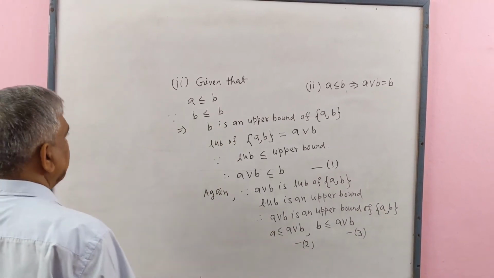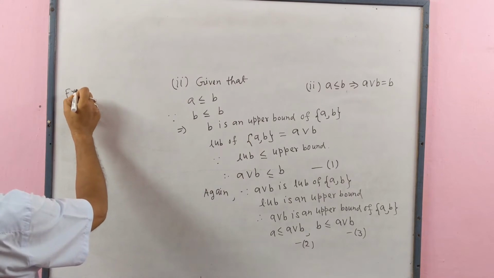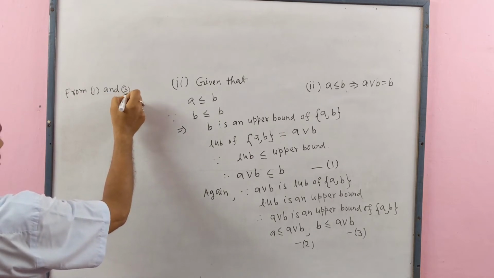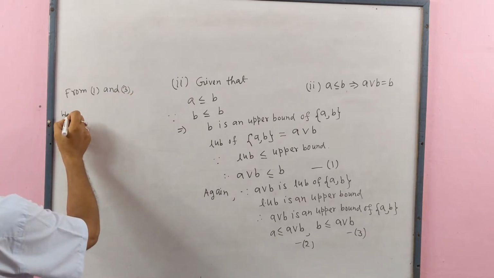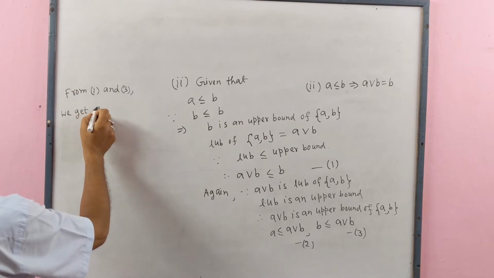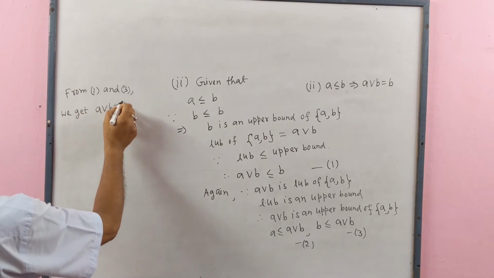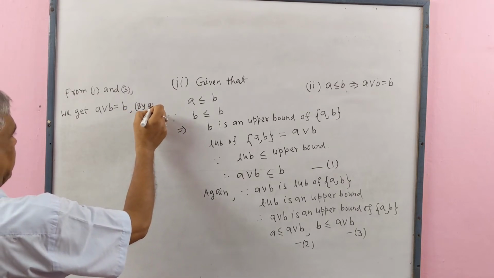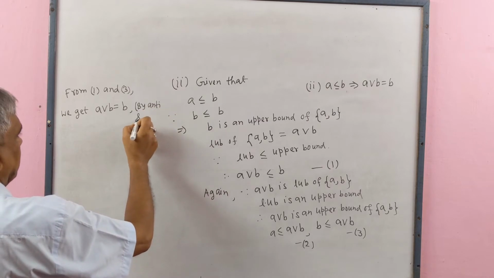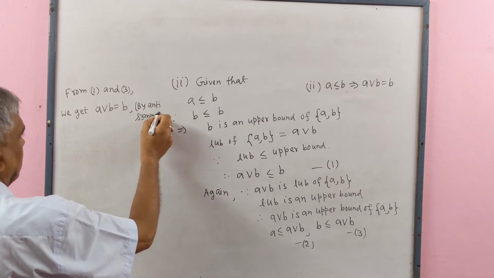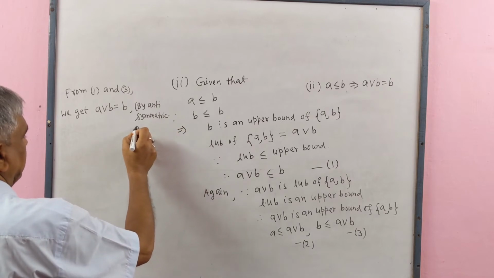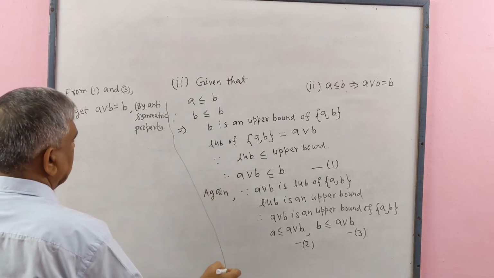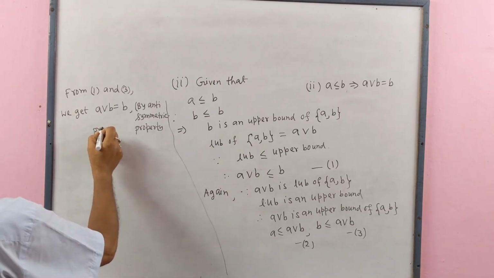From 1 and 3, we get A join B equal to B by antisymmetric property. This is proved.